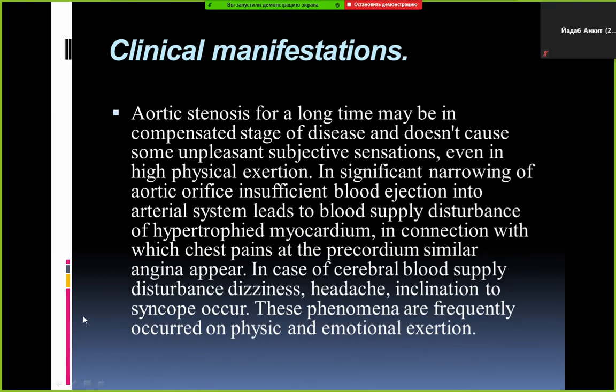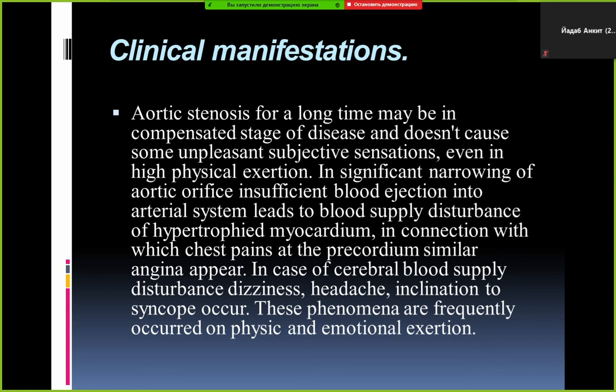Aortic stenosis for a long time may be in the compensated stage of disease and does not cause any unpleasant subjective sensation even in high physical exertion. With significant narrowing of the aortic ostium, insufficient blood ejection into the arterial system leads to blood supply disturbance of the hypertrophied myocardium, in connection with which chest pain at the precordium, similar to angina pectoris, appears.